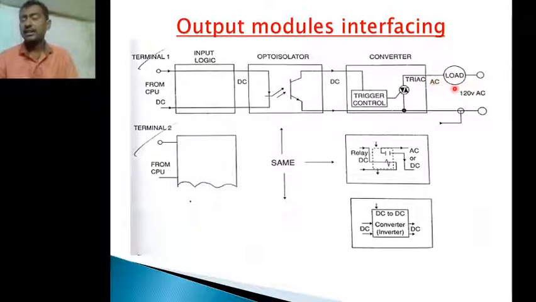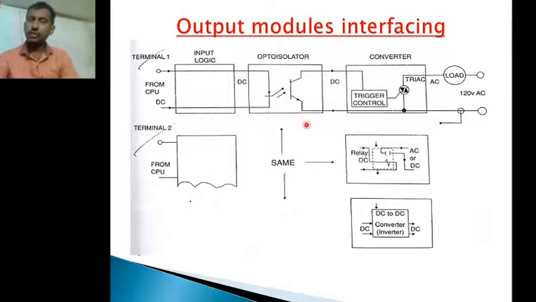Suppose the output voltage is AC voltage. This can normally be achieved by using a triac circuit. And if it is a DC voltage, then we can use a DC to DC converter. So the output converter circuits may be different, but the remaining construction is the same. This is applicable for nearly 32 devices.